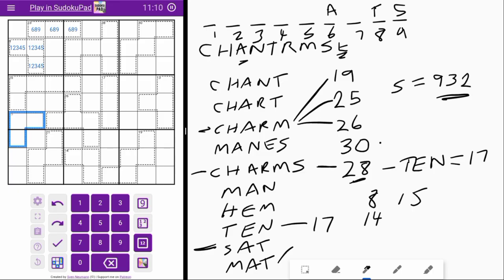There's got to be another one there somewhere. So we've got 8, 14, 15, 17, and the 23. Okay, so we've assumed that 23 is sat, so it has to be one of these three. We've got 8 and 6 is 14, so the only one it could be is 15, so that means the M would have to be a 1.